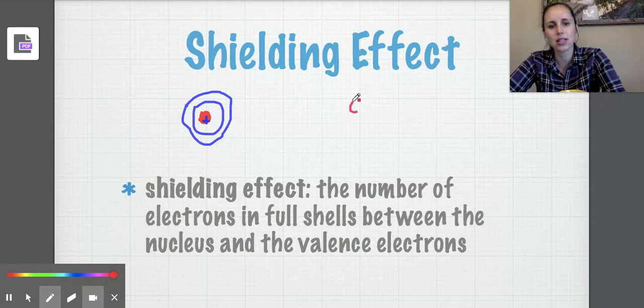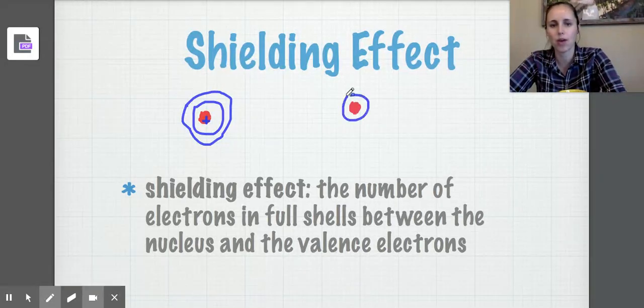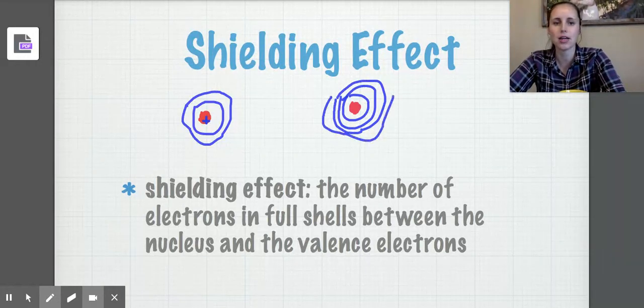Now let's take a look at something that is on the fourth row of the periodic table. Something on the fourth row is going to have 4 shells, and here we have a greater shielding effect.